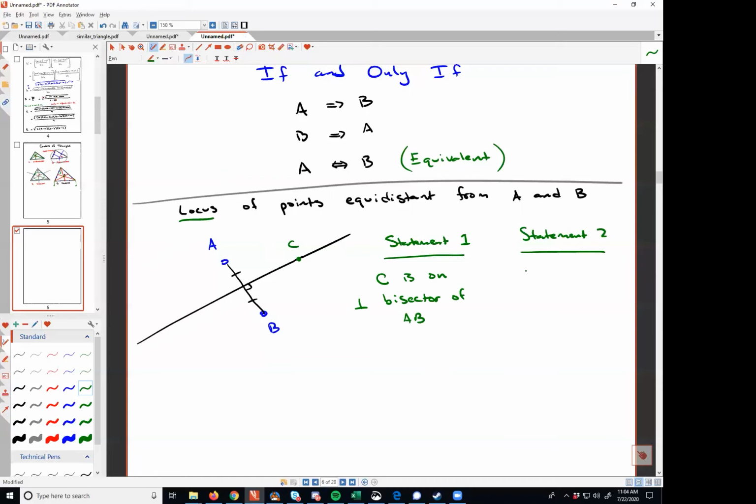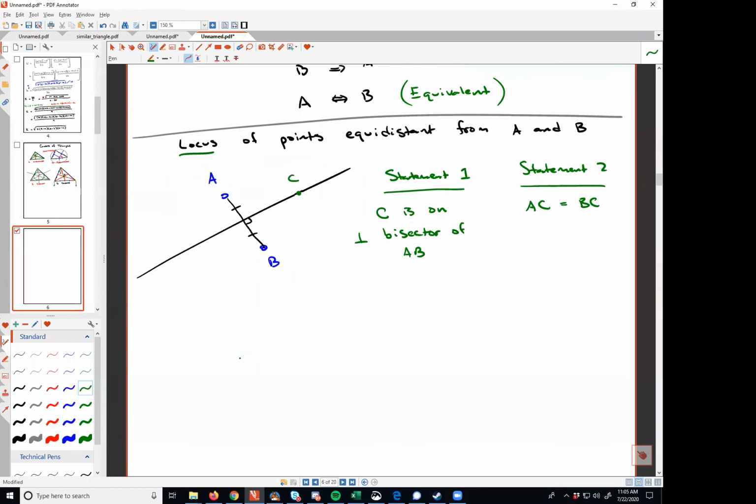And statement 2, AC is equal to BC. Right? Because statement 2 is the locus, and statement 1 is the description of the solution to the locus problem. So we want to prove that statement 1 implies statement 2 and that statement 2 implies statement 1.